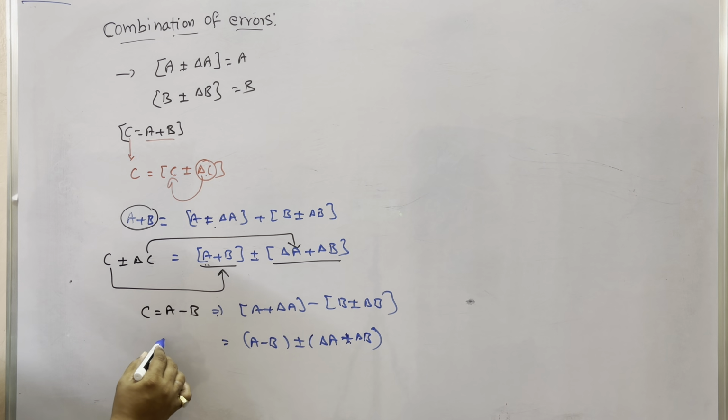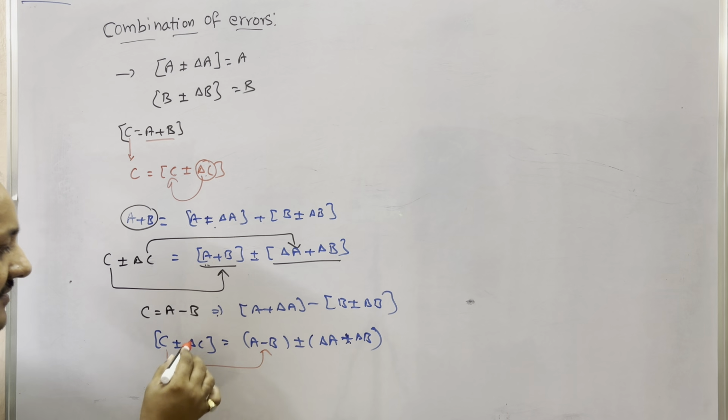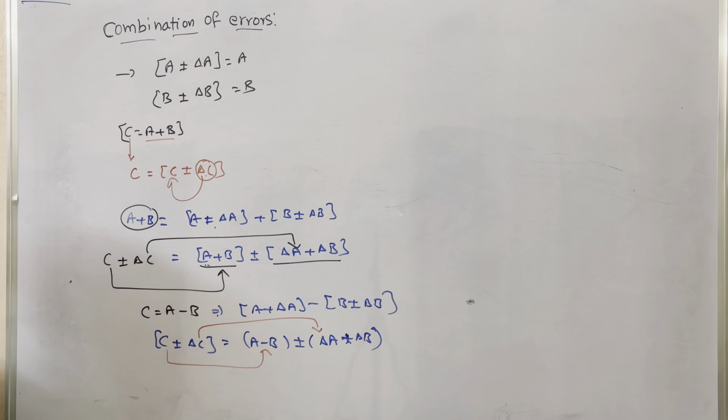Now this is the final answer, C plus or minus delta C. What is C? A minus B. What is delta C? Delta A plus delta B.